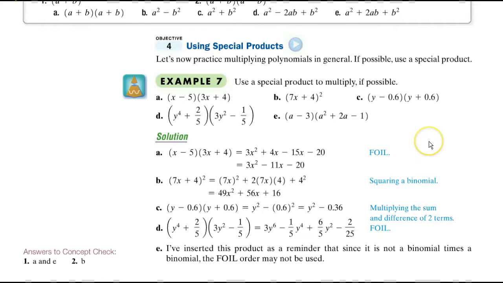Now, more often than not, you're going to have a mixed bag of things, as they show here. So one of the first strategies is you have to determine which method you're going to use. So for something like this, you'd say, well, I'd use the FOIL. Here I'd use that special way of multiplying. Here, these are conjugates.